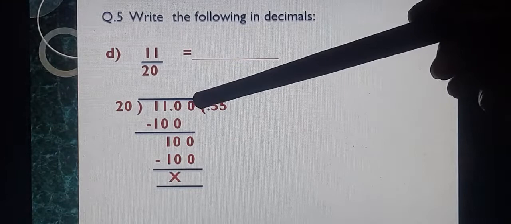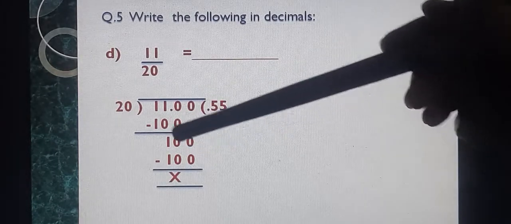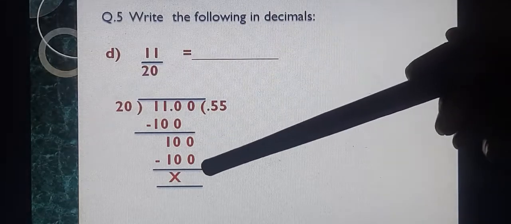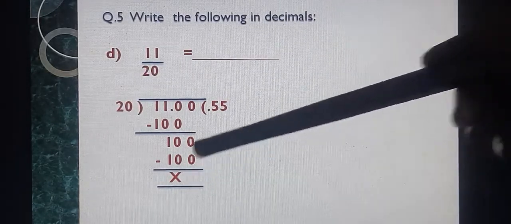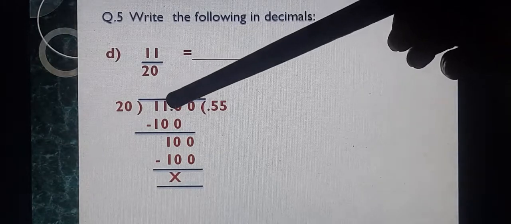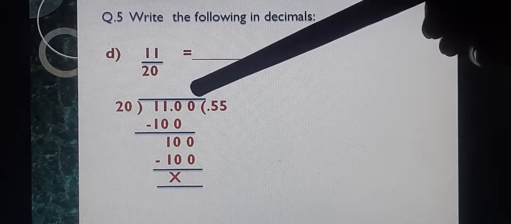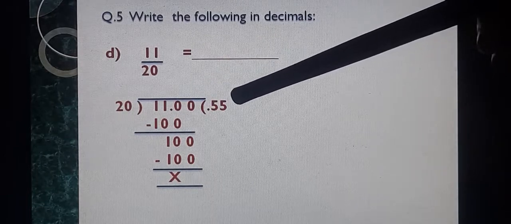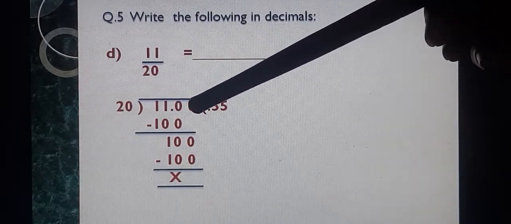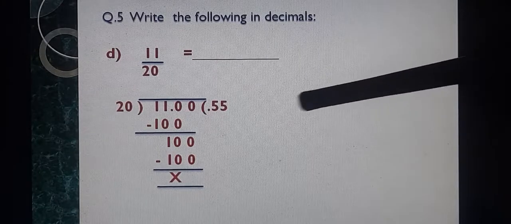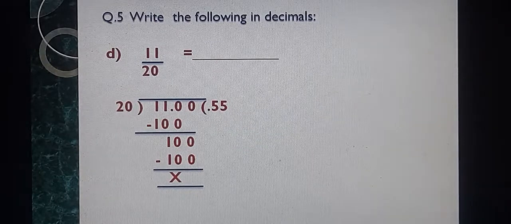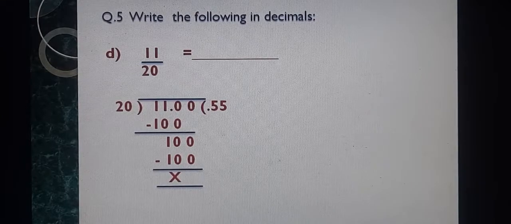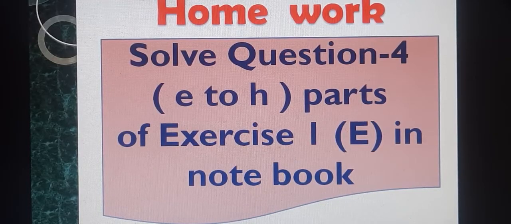Take one more 0 in dividend. Then consider the 0. Now the number has become 100. 20 5s are 100. 100 minus 100, remainder is 0. Now after decimal in dividend we have 2 digits. So in our answer, there should be 2 digits after decimal. So ones and tens, then put decimal. So our answer has become decimal 55, or we can say 0.55.